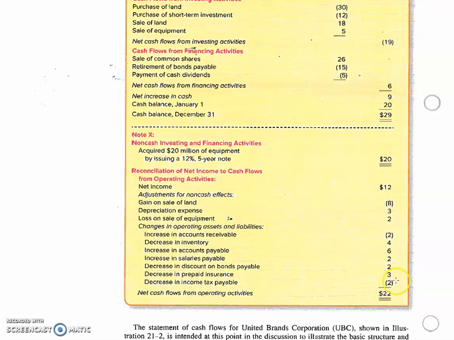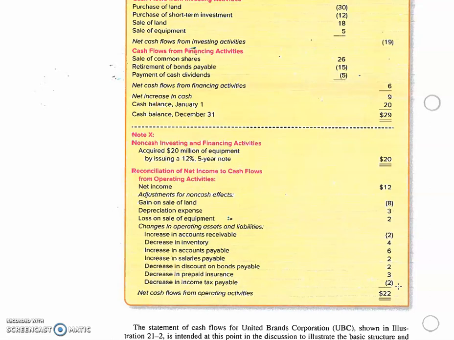Decrease in prepaid insurance. So that means we reported more in insurance expense than we paid out for insurance this year. So we add that back. That's an asset, so a decrease in an asset there. And then a decrease in a liability means we paid more out in cash than we showed as expense.